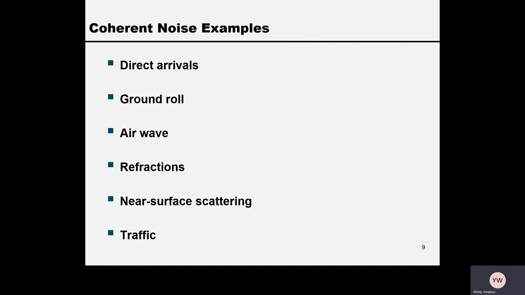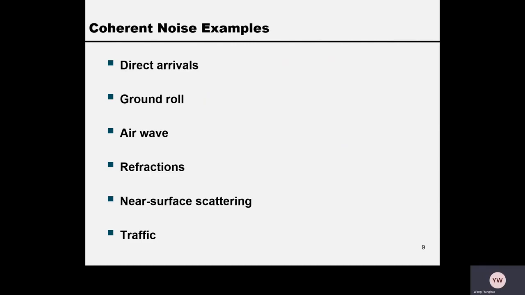Surface wave, which in the seismic community we call the ground roll, is coherent noise. You have a clear trend in the waves, and they are coherent between traces.